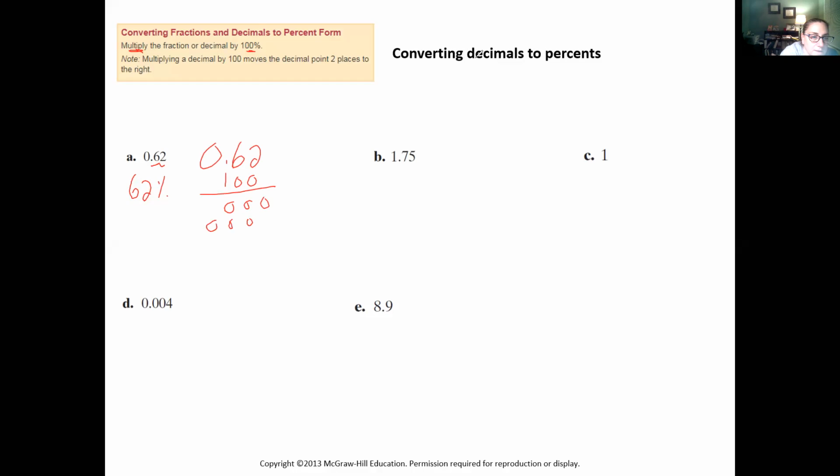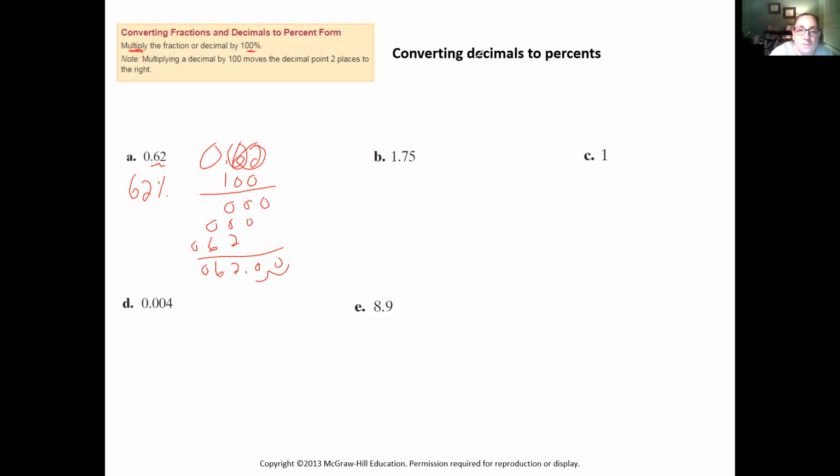And then I would get 2, 6, 0. Add. And then I need to count my decimal points. So 1, 2. My answer would be 62, which is exactly what I got. So it's a lot easier to do the first method where you just move it 2 to the right.